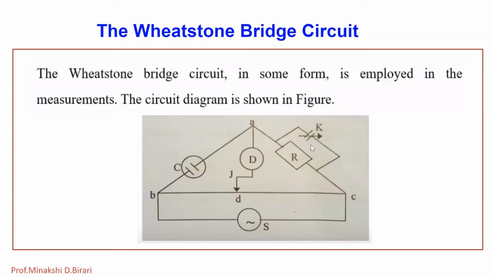So the variable capacitor K is connected in parallel with the resistance R. J, the sliding contact, moves over BC, and small d is called the null point. Why is it known as a null point? Because the point D along BC is detected by moving J along BC in the manner that no current flows through D. So it is known as the null point.